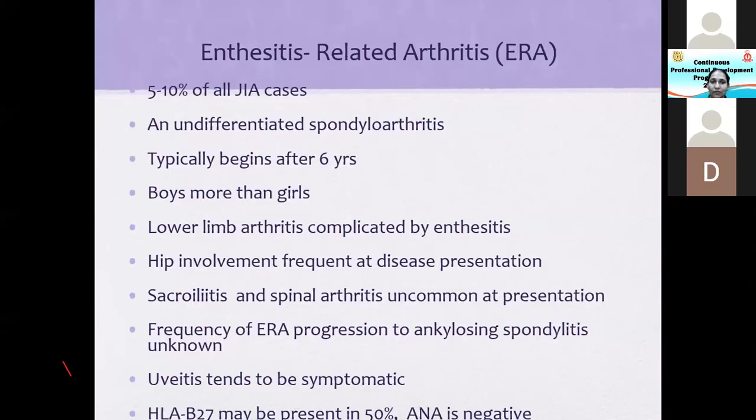Frequently, hip involvement is seen, but at presentation, sacroiliitis and spinal arthritis are uncommon. What percentage of children with enthesitis-related arthritis progress to ankylosing spondylitis is still unknown. Uveitis here tends to be symptomatic. These children might have HLA-B27 positivity. Usually their ANA is negative.